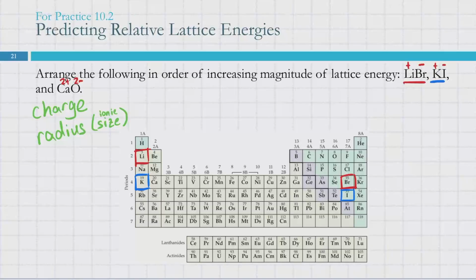So which one has bigger ions? Potassium iodide has bigger ions because both of the things that are involved are lower down. So bigger ions, that means that LiBr has smaller ions.